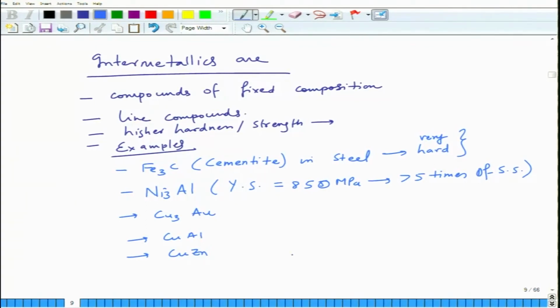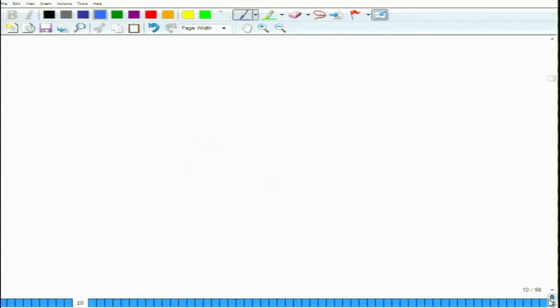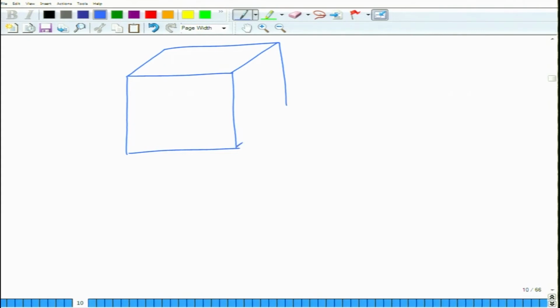And then, for example, Ni3Al again. When it is disordered, then nickel is FCC, aluminum is FCC.